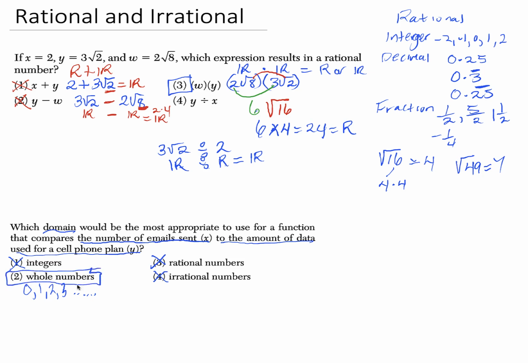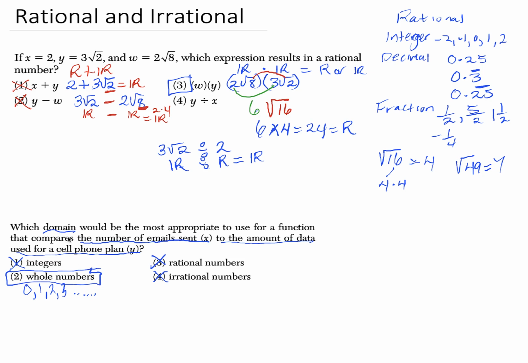Your domain would be whole numbers, because when you're comparing the number of emails sent, I probably have like 300 emails that I need to clean out of one of my email boxes. And when you think of your cell phone plan, the amount of data used, they usually tell you have 60%, 50%. So your answer is two whole numbers.